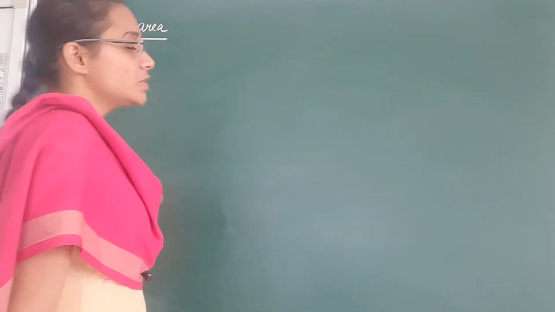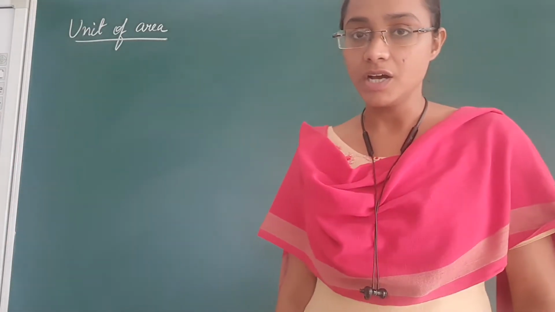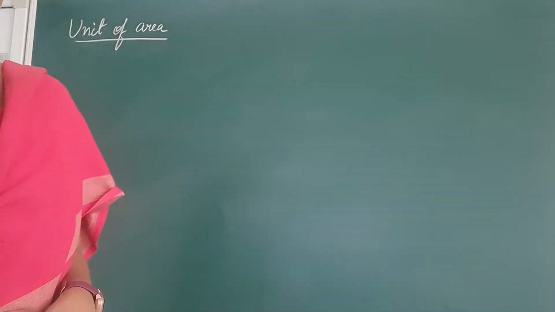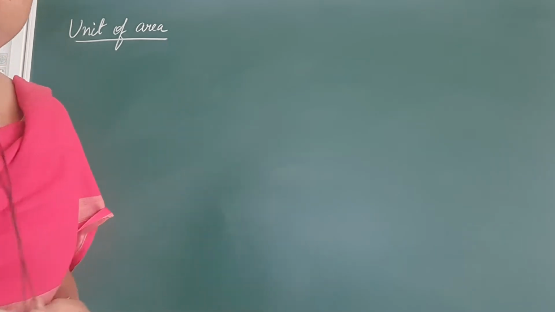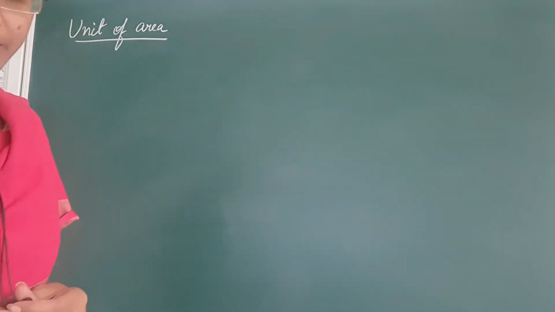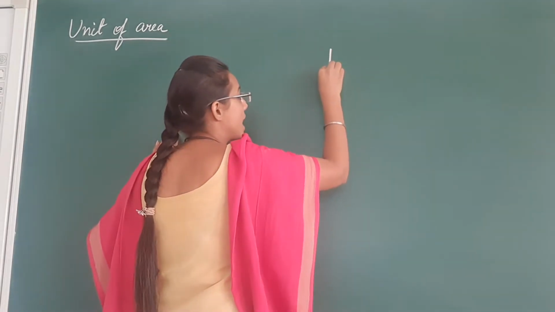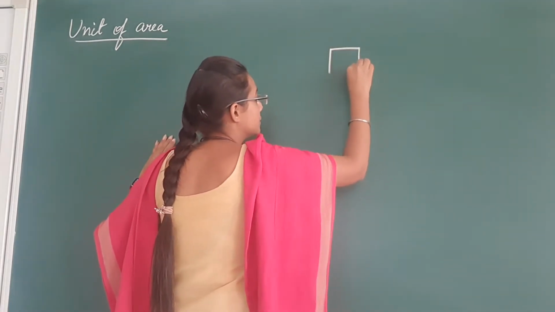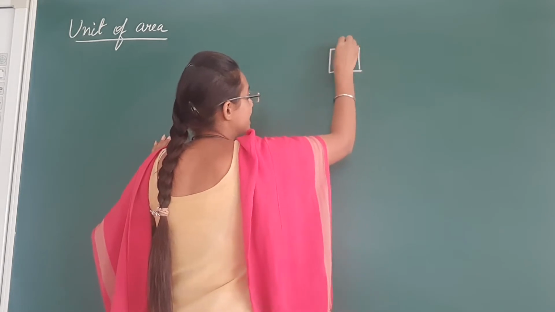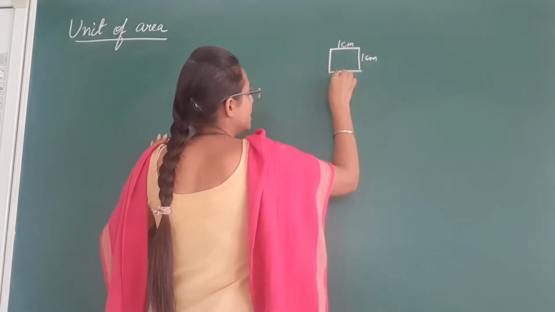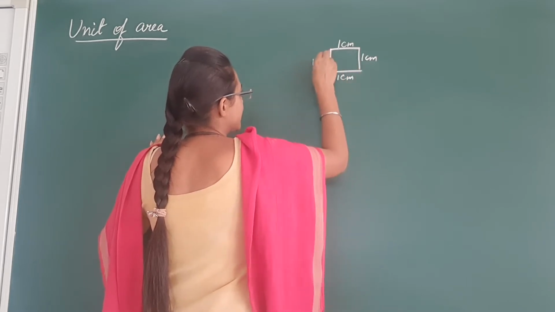Now we will understand the unit of area. To measure any enclosed figure, we need a suitable unit. If we take a square whose side is 1 centimeter, here we know that all sides of the square are the same.